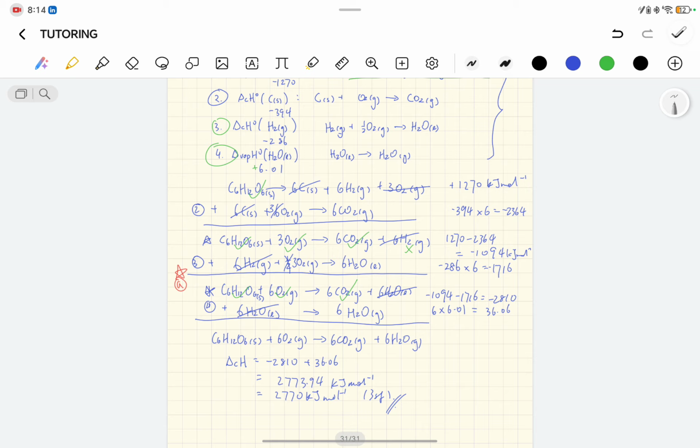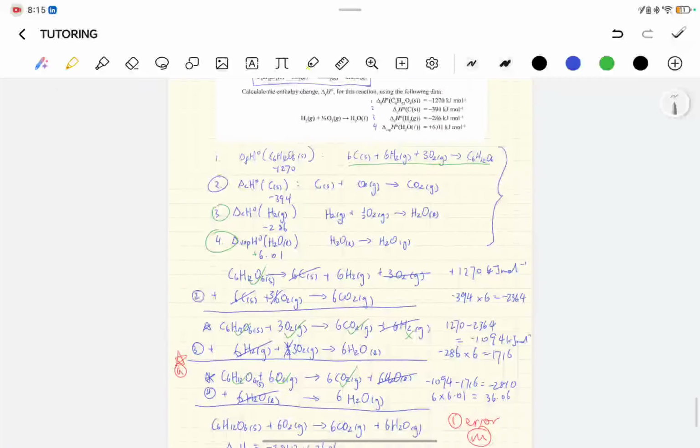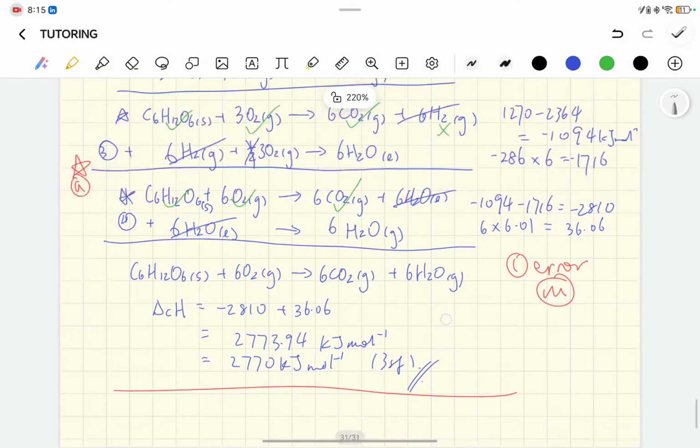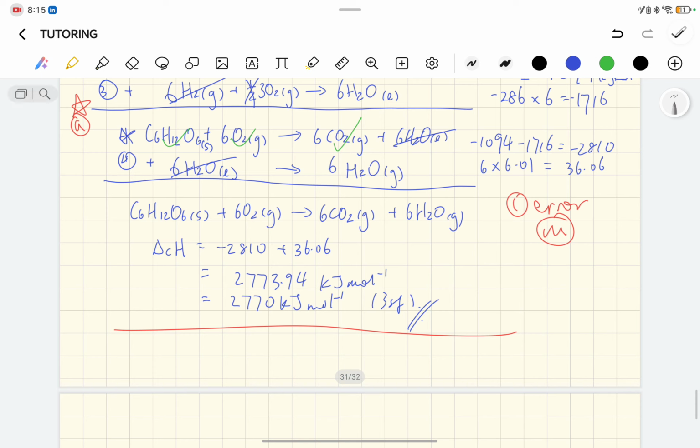So any correct process, so everything right, but with any 1 error in between, will give you a merit. And correct answer with units, sign, and significant figures. So units, sign, and significant figures, as well as any arithmetic mistakes, will bring you down to a merit.